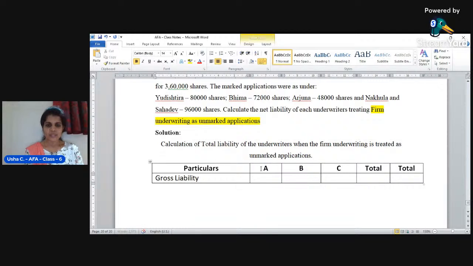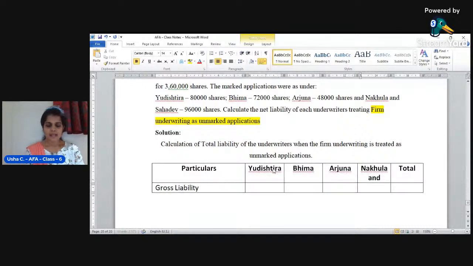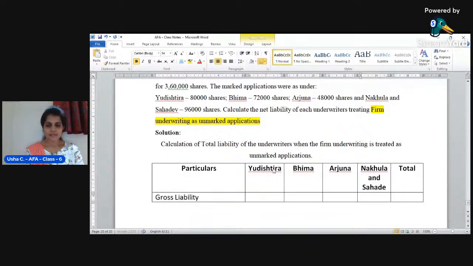First underwriter Yudhishthira, second underwriter Bhima, Pandavas, right? Bhima, Arjuna, Nakula, and Sahadev. These are the four underwriters.